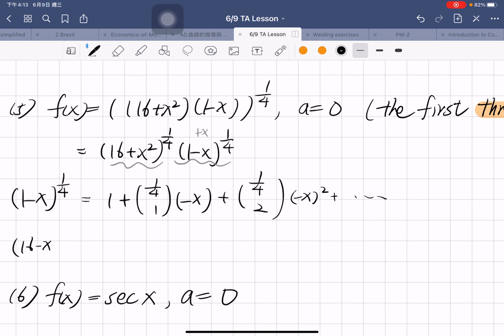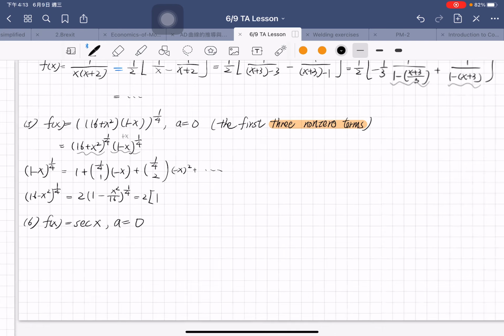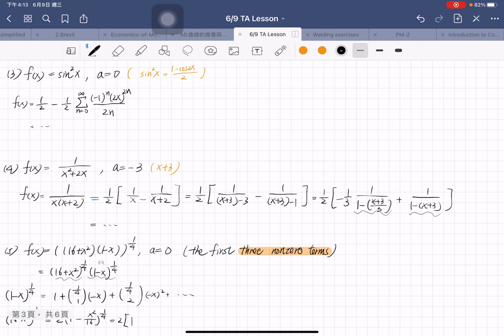And 16 over x squared will be, subtract by 16 and it will turn out to be 2 in the side. This will be minus x squared over 16 or 4, okay, times 1 minus x.